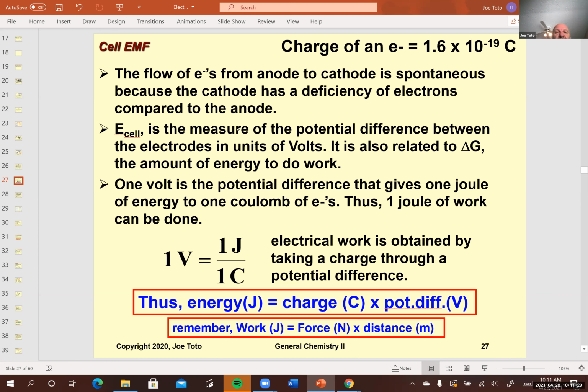The electrons spontaneously flow from the anode to the cathode, and you can tap into this to do work. E cell is a measure of the potential difference between the two half cells. This E cell is measured in volts. That's a potential difference.